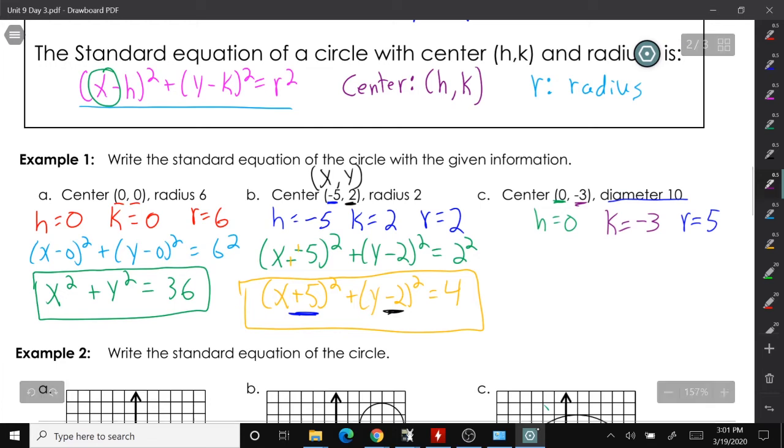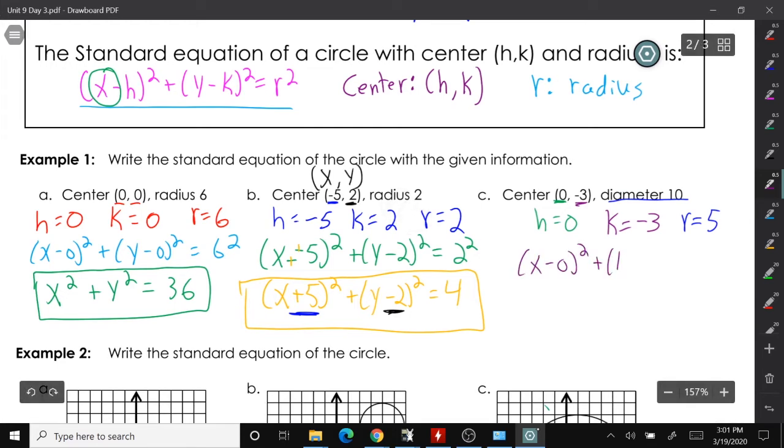So then that will give us x minus 0 squared plus y minus negative 3 squared equals 5 squared. So x squared plus y plus 3 squared equals 25.